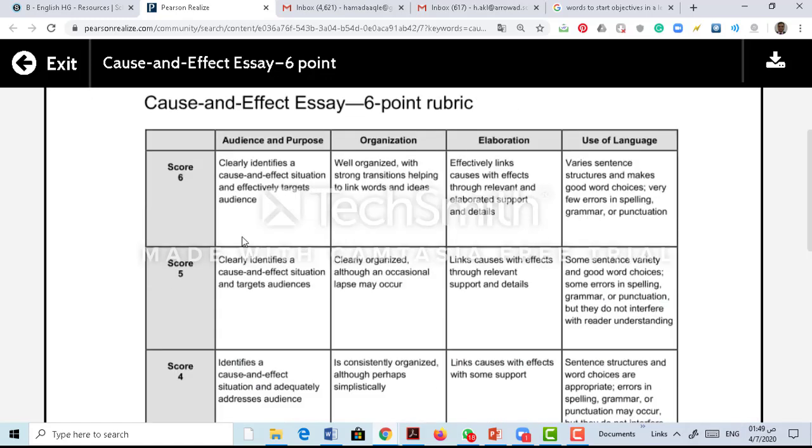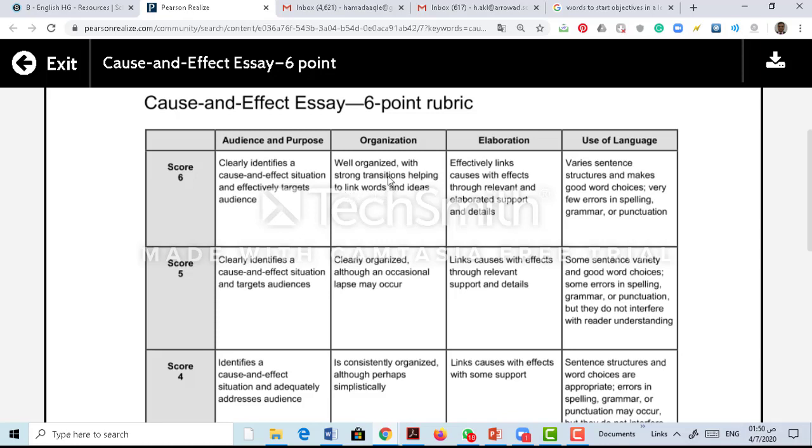But on the other hand, if your essay clearly identifies a cause and effect situation and effectively targets the audience, which is your classmates in the essay that we've done, you will receive a full mark, which is 6. Your essay also has to be well organized with strong transitions.